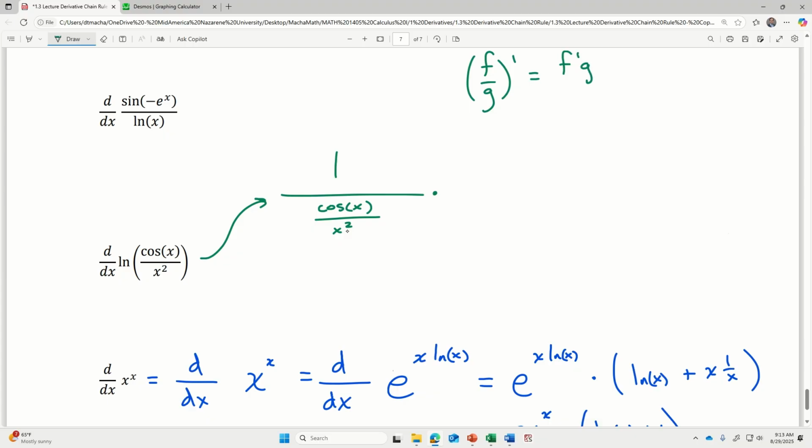It's f prime g minus f g prime, divided by g squared. f is cosine, so the derivative is negative sine, times g, which is x squared, minus cosine of x times g prime, which is 2x, divided by g squared, which is x to the 4th.